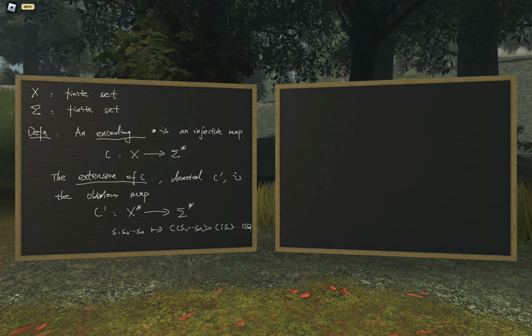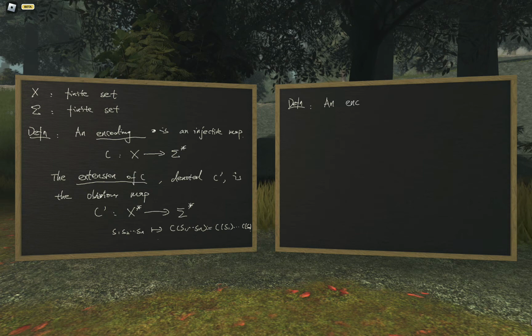Now let's look at a special encoding, which is called a uniquely decodable encoding.